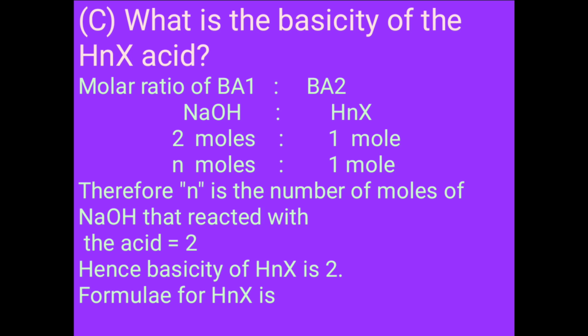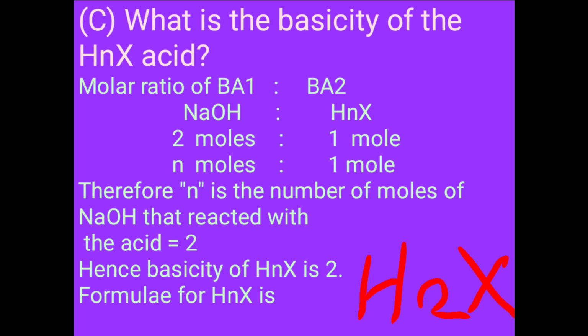If you try to write the formula, if you substitute in, we shall have our formula as H, okay, let me try to write it here. We shall have H2X. So that is going to be the formula for the acid.